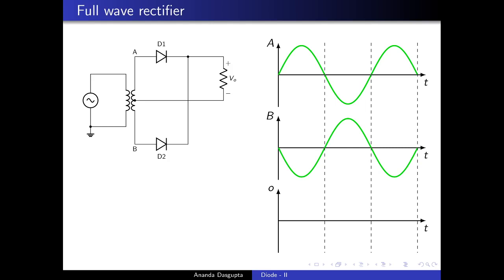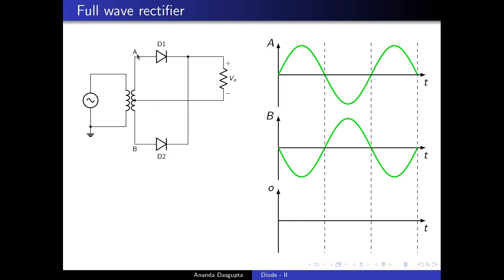So now let us try to understand the action of this full wave rectifier circuit. Again, a circuit which should be pretty familiar to most of you, but let's go through this again anyway. Notice that you have two diodes here, and if the first diode is forward biased, which happens when VA is positive, notice that the first diode is essentially connected through this resistance to the center tap.